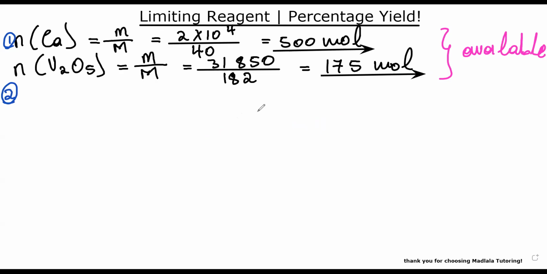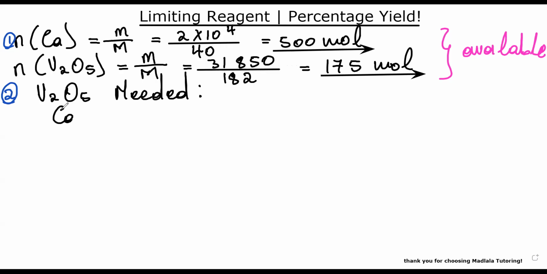So now you need to decide, do you want to find for calcium or do you want to find for vanadium pentoxide? Well, let's find for vanadium pentoxide. And the question is, how do we find the moles of this one needed? Well, it's very easy.